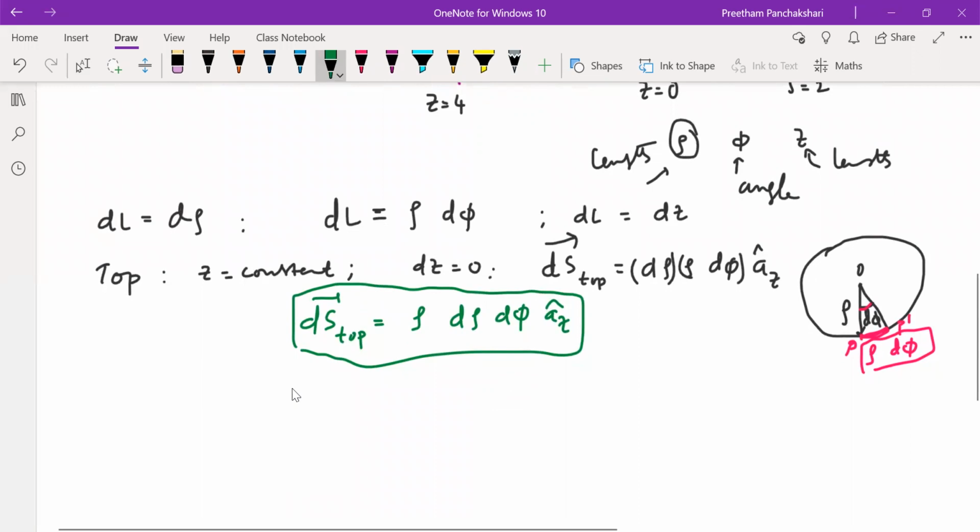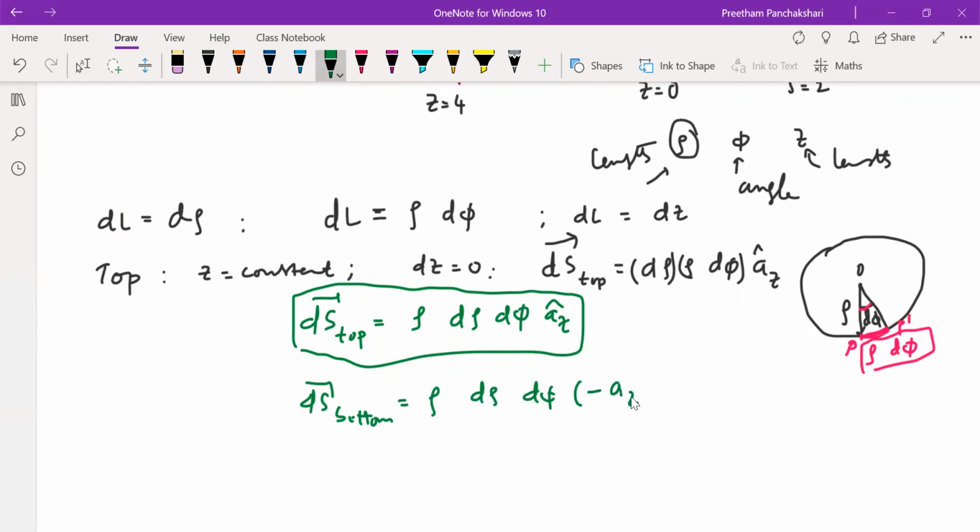Similarly, for the bottom surface also, we have a similar equation because the bottom surface is also circular. But the only thing is, the direction of the bottom surface of the cylinder is acting downward, so the direction should be taken as minus a cap z.